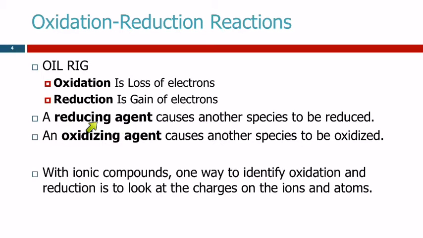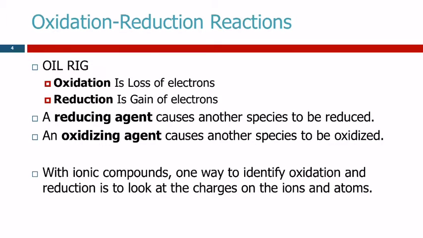A reducing agent is not something that gets reduced. It's something that arranges for something else to be reduced. So a reducing agent causes another species to be reduced. An oxidizing agent causes another species to be oxidized. If this oxidizing agent is oxidizing something else, then itself it is being reduced.